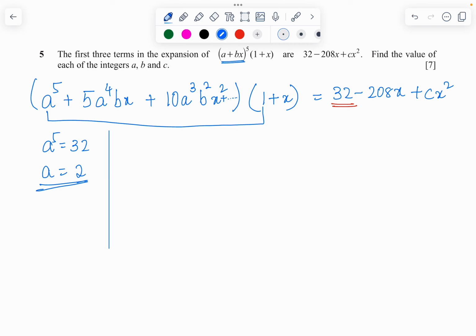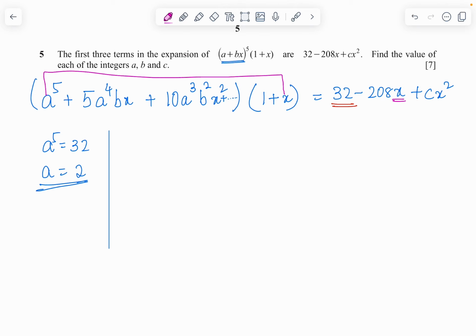Then b. Look at the second term. How do we get the second term? We get the second term, which is the x term, by multiplying a^5 times x, and the second term times the first one.